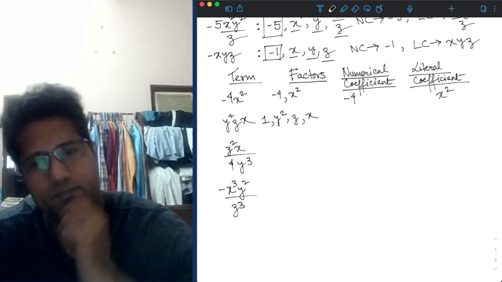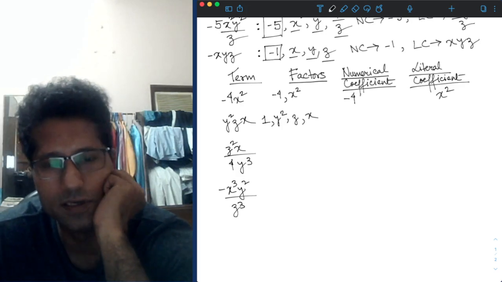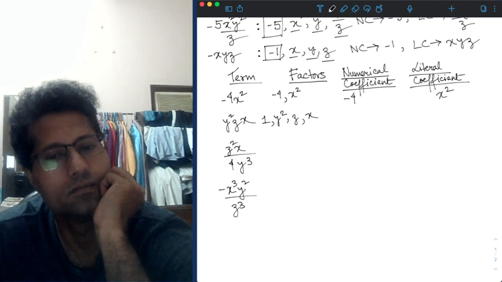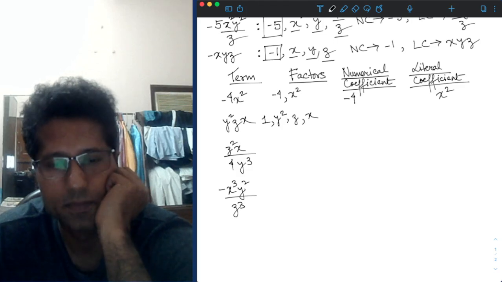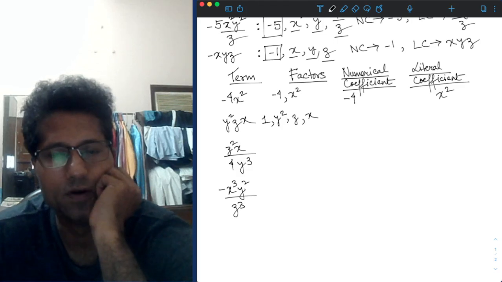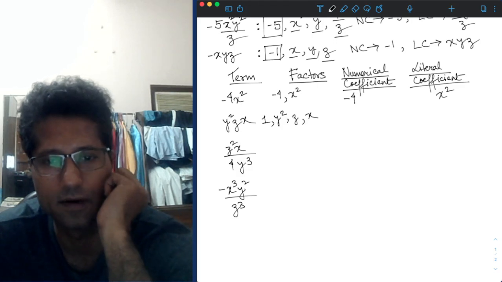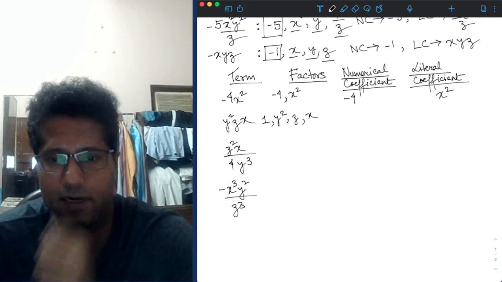So over here, even though you do not see any constant as you see in the first or the third one, we assume 1 as the numerical factor. So the factors of the second term are 1, y square, z and x.